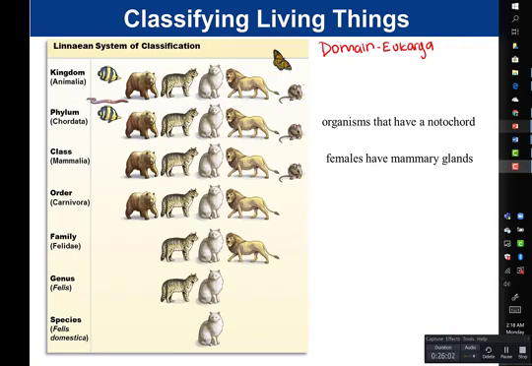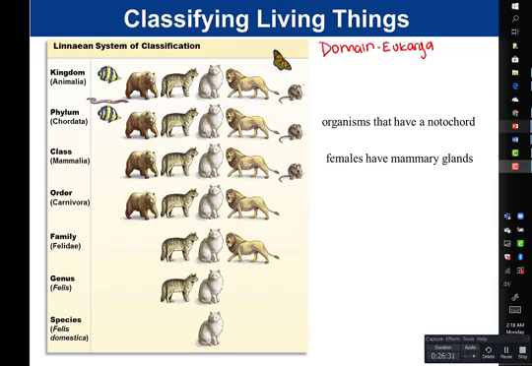Then we get down to family, getting more specific. Felidae, think of felines, the cats. So the bear's out. Then we get to genus, and the genus in this case is going to be Felis, so the felines. Those are going to be more specific to the cats. Now the lion is gone. And then we get to our species, and the organism is referred to as Felis domestica.